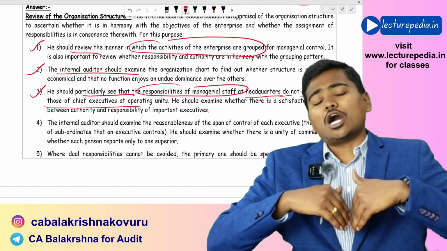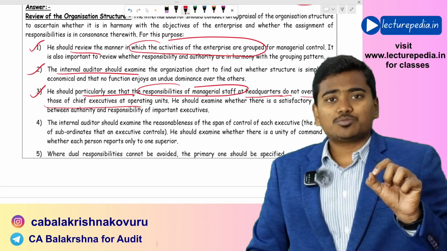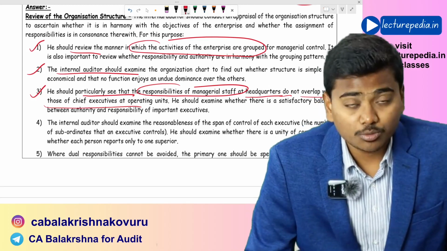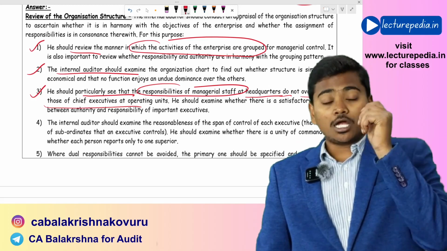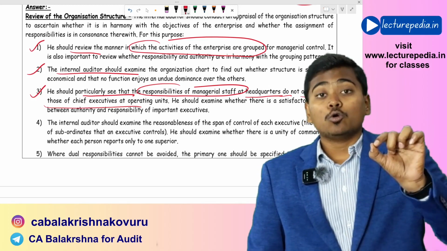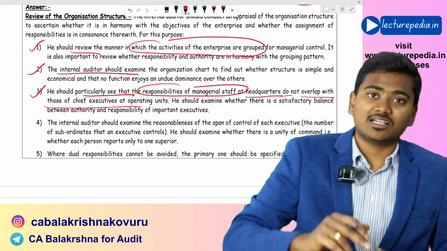But in some unavoidable situations, the responsibility is given to two people. It is mandatory to give responsibility to two or more people in some unavoidable situations. In those cases, you need to fix who will have primary responsibility and who will have secondary responsibility.